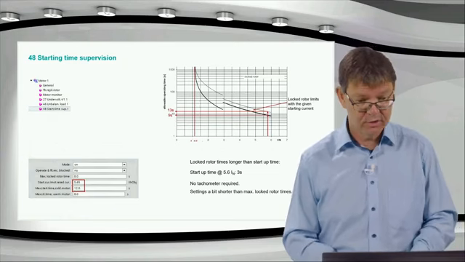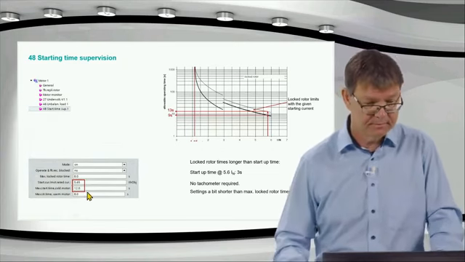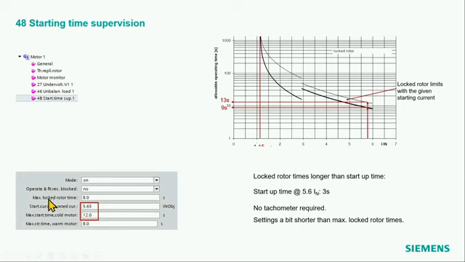Okay, starting time supervision. Here I use 2 settings, 2 timers, one for the cold motor and one for the warm motor. And I get here the values for cold and warm motor for my starting current with 5.65 times current. That means under the voltage conditions. I could take also the other one, then I get other values here.